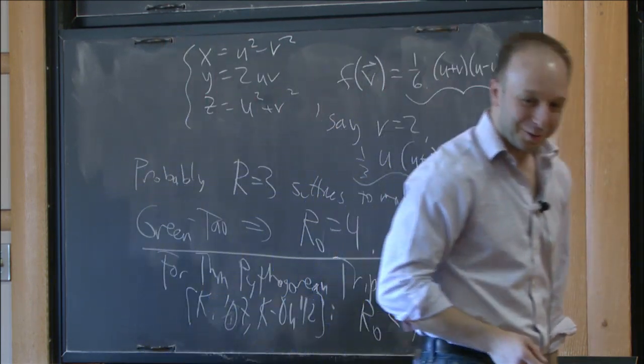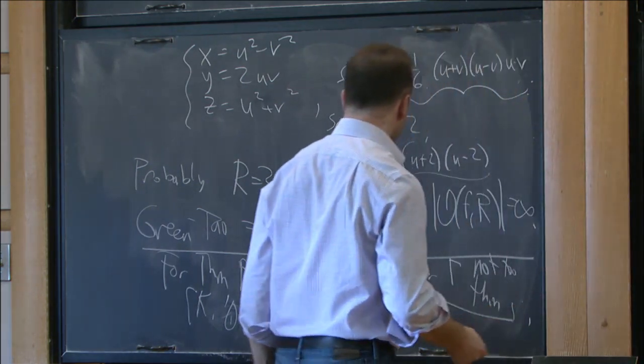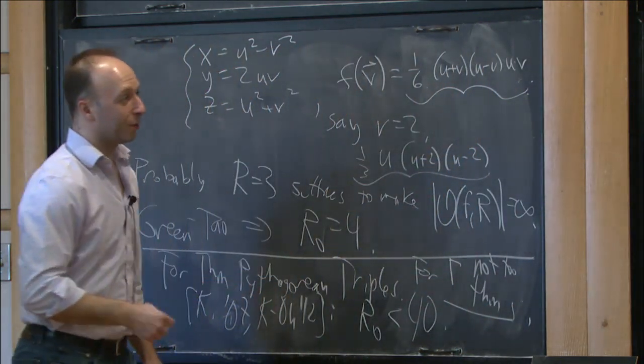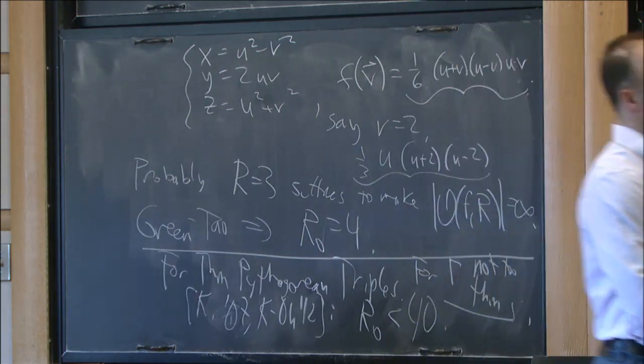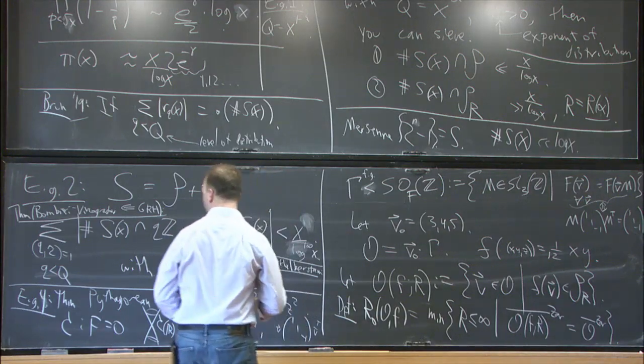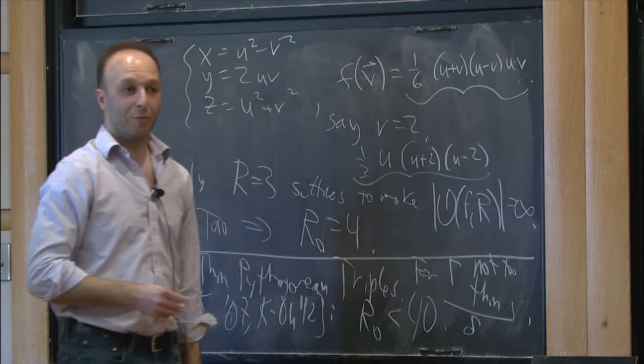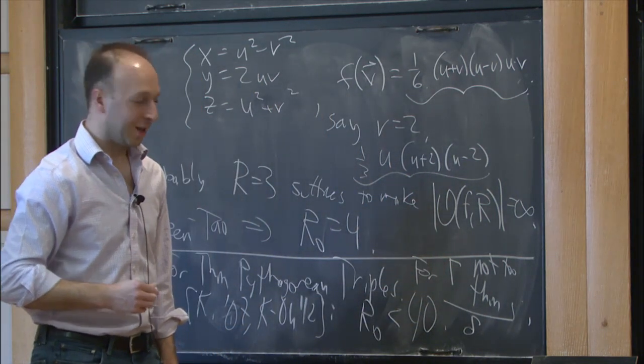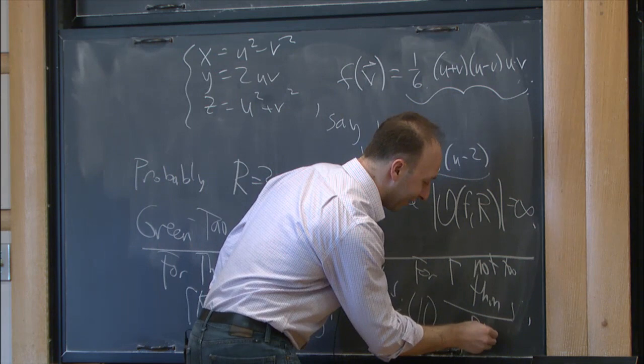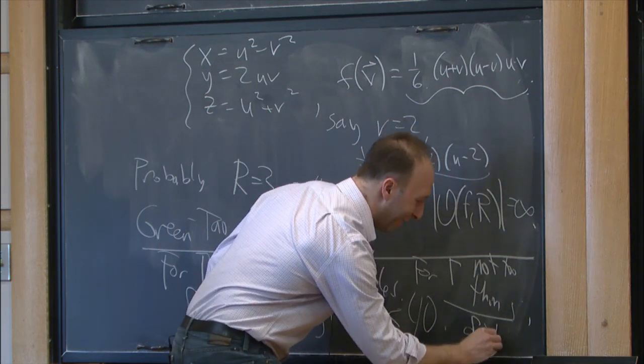Yes. What does not too thin mean? Thin, in these finitely generated examples, thin is equivalent to this Hausdorff dimension that came up in Hee's talk, the critical exponent of the group being strictly less than 1. And so now I want it to be thin. I'm allowing it to be strictly less than 1, but not by too much.